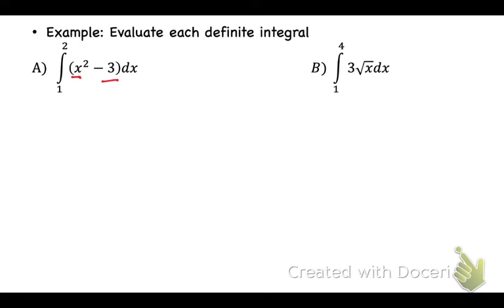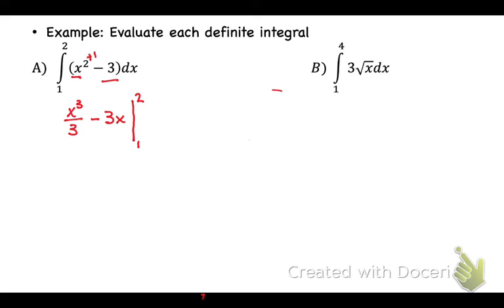So we add 1 to 1, which is 2, so x squared. And minus, the integral of any constant is just x, correct? Do I need to go over why again? Nope. Okay. From 1 to 2.